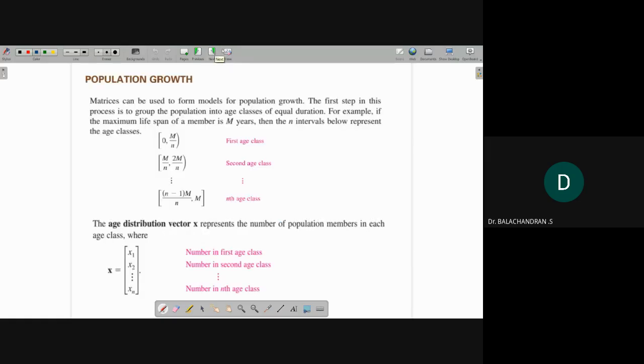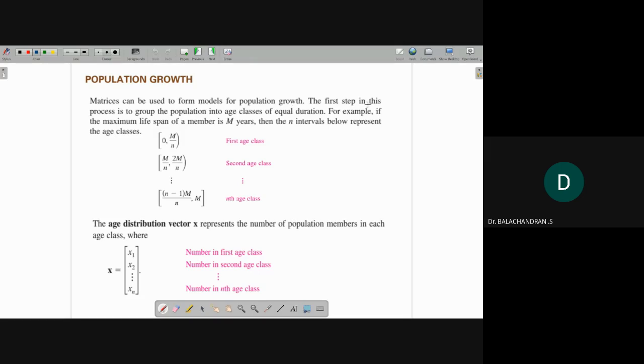Okay. So the next topic is population growth. Matrices can be used to form models for population growth.